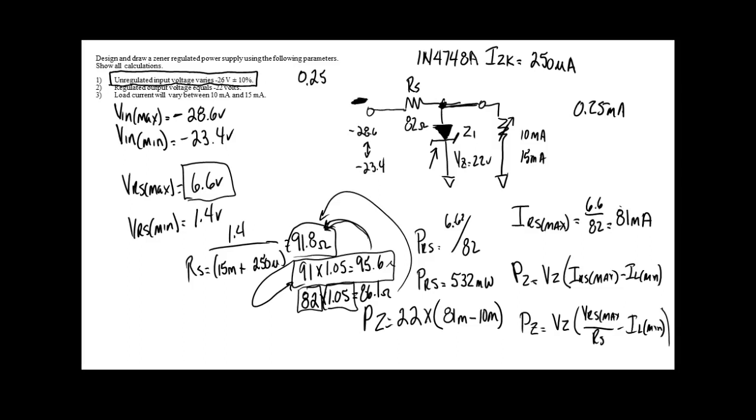So what's the power? By the way, you don't have to use parentheses. You can do your subtraction first, right? Because it don't have a divide. 71 milliamps times 22 watts? We're calculating power, correct?